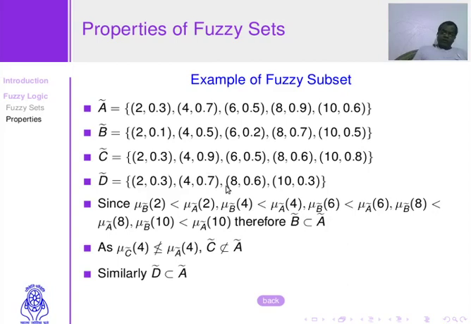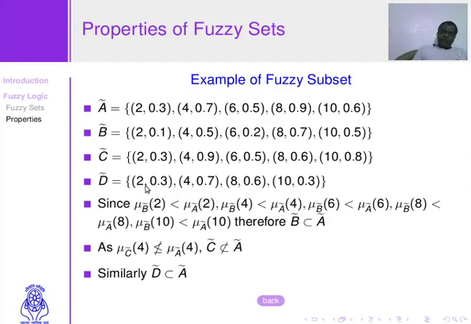The third element is not present in fuzzy set D. It simply means that the degree of membership for 6 is 0 in fuzzy set D. That means that it is smaller than the degree of membership for 6 in fuzzy set A. So again the condition is satisfied.